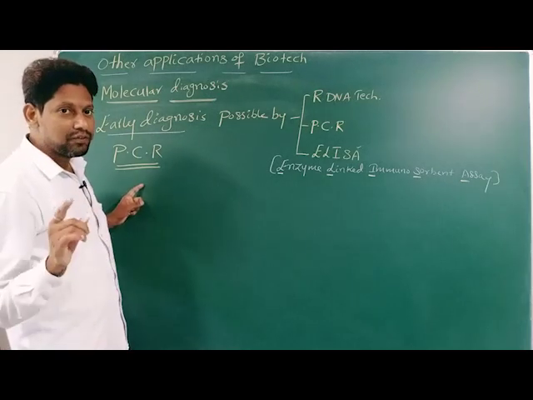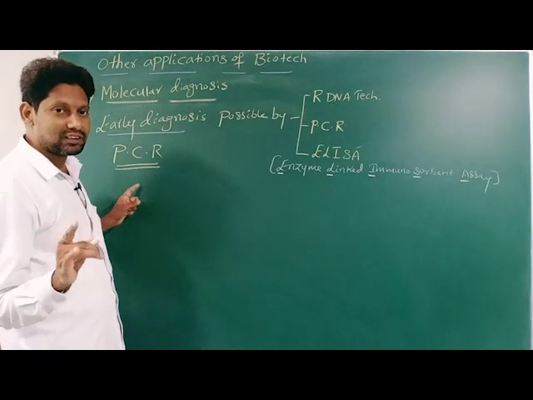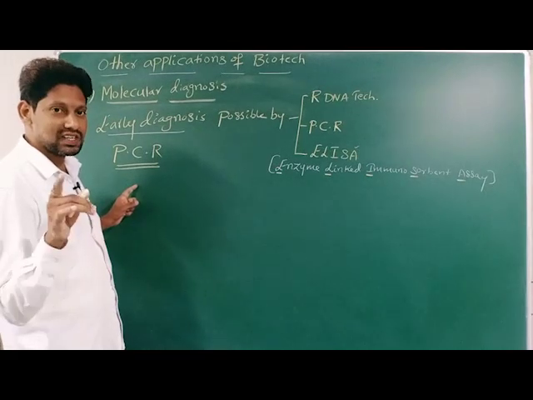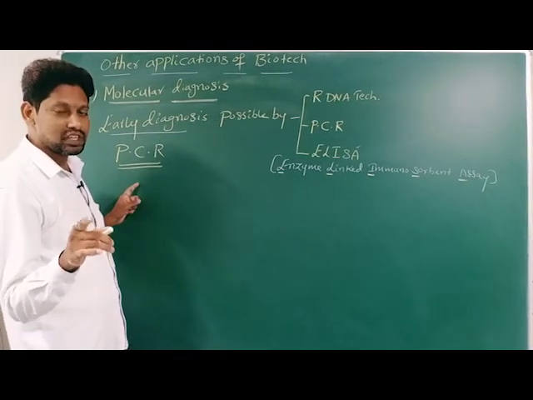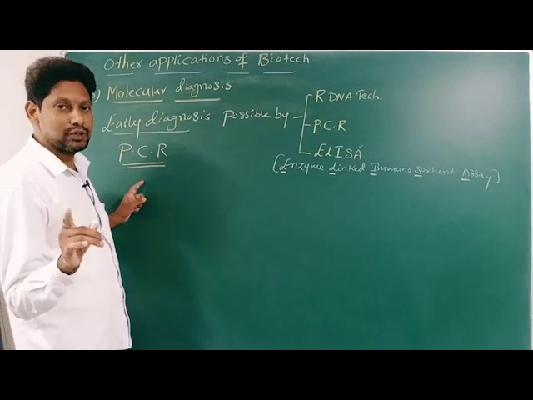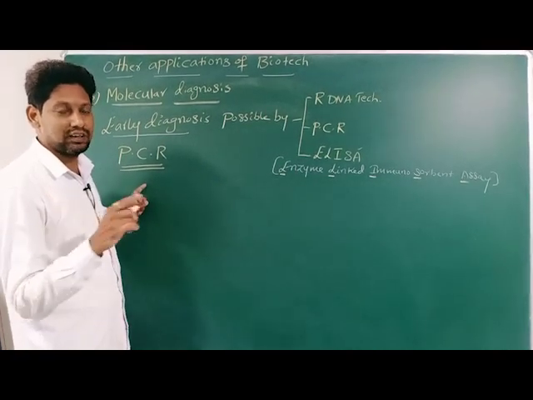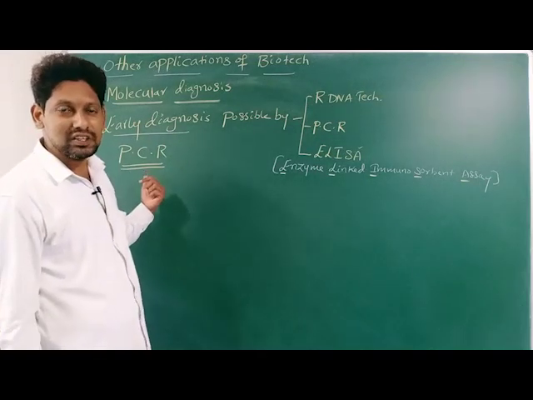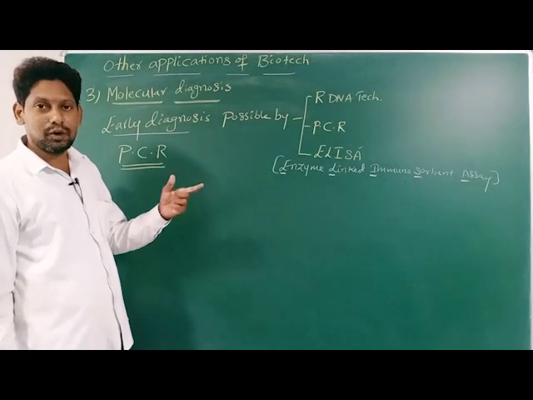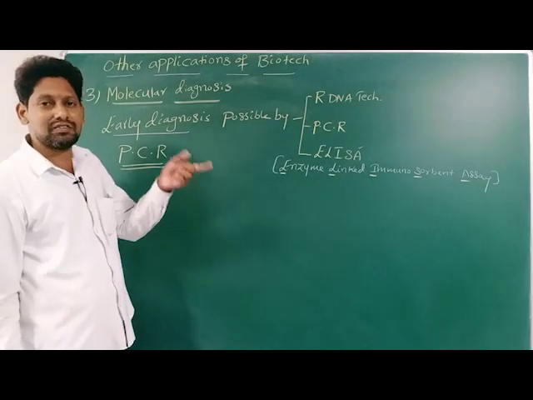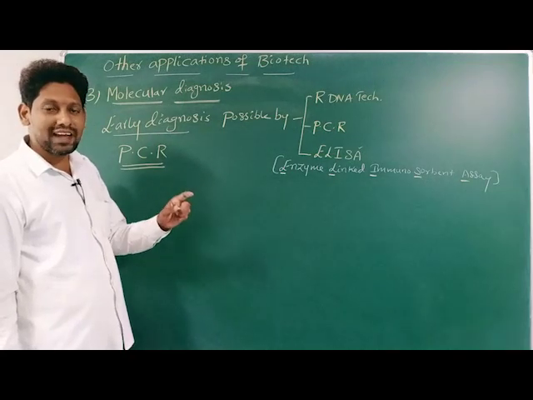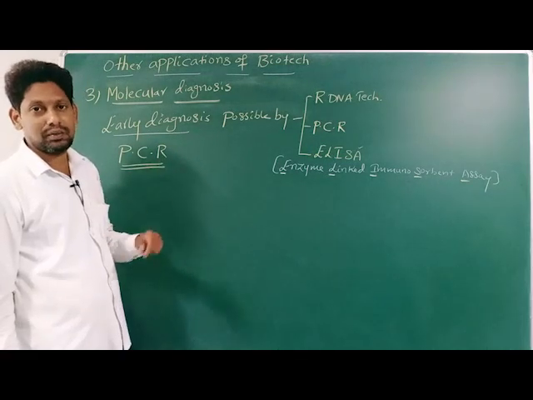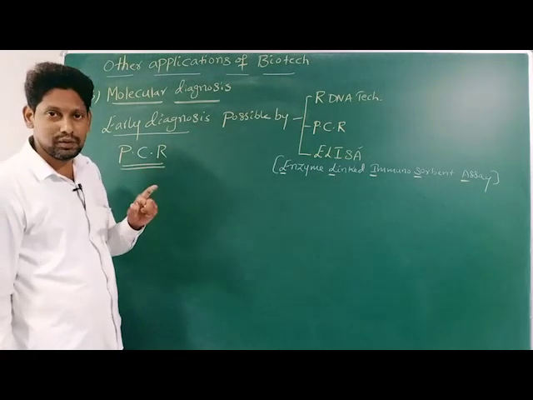It means even though the number of pathogens is less, before disease symptoms are produced, PCR is used to identify the pathogen. How, sir? By amplifying the DNA of the pathogen, because PCR is used for amplification. Therefore, even though the pathogen number is less, even though the pathogen has not produced the disease symptoms, the pathogen can be identified. Is this statement okay?